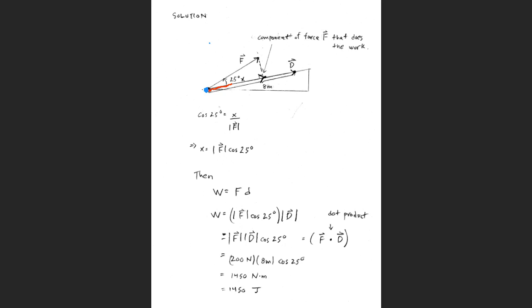Okay, so we're moving the crate along the ramp, and we have our force vector being applied at an angle of 25 degrees to the ramp.